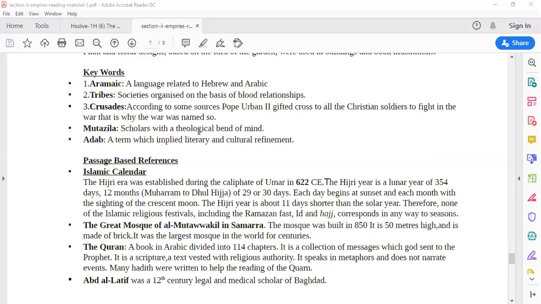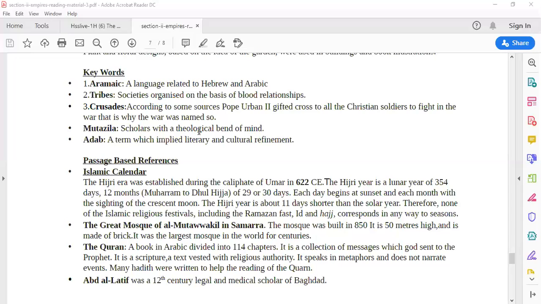Then there is the Great Mosque of Al-Mutawakkil in Samarra. This is another passage that is there in your textbook. It's on page number, just give me a minute, I'll tell you where this is. Yeah, this is on page number 84.